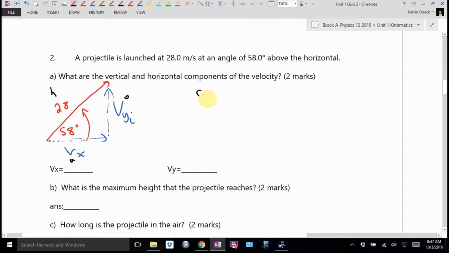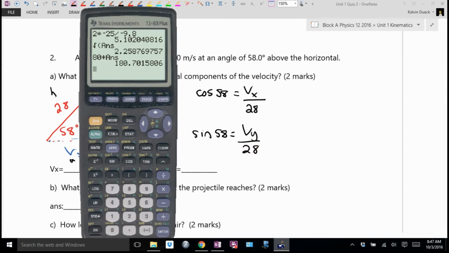I think cosine of 58 equals vx over 28. And I think sine of 58 equals vy over 28. I think vx is going to be 28 cos 58, 14.8377.